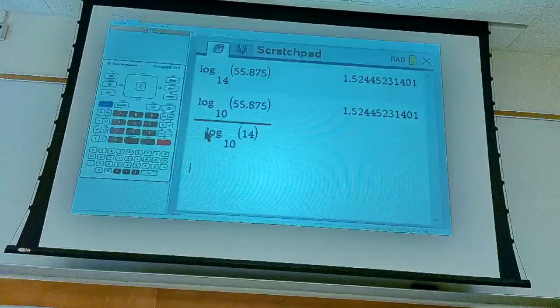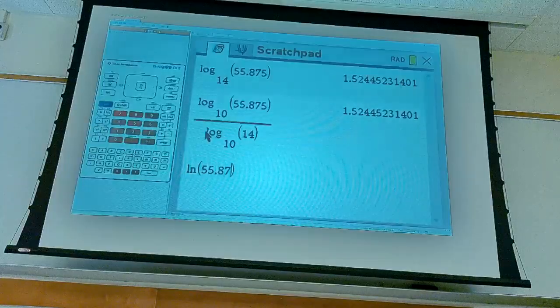It's the exact same thing. But again, if I'm just asking you to evaluate it, you don't have to use base 10. The most common one to use is base e. So natural log of 55.875 divided by natural log of 14.